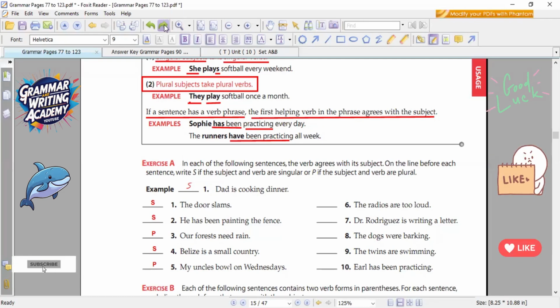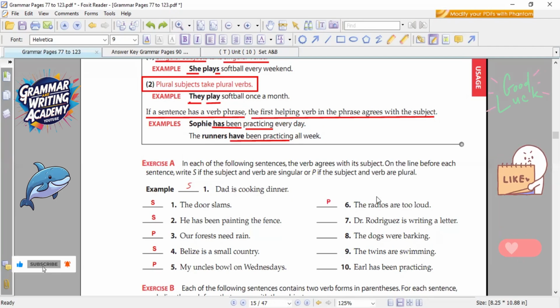Uncles. And what is the verb? Bowl. Exactly, and here it's a verb in the infinitive form. Next, number 6, please. The radios are too loud. Plural. Plural, yes, exactly. What is the subject, please? Radios. And what is the verb? Are. Thank you so much here.